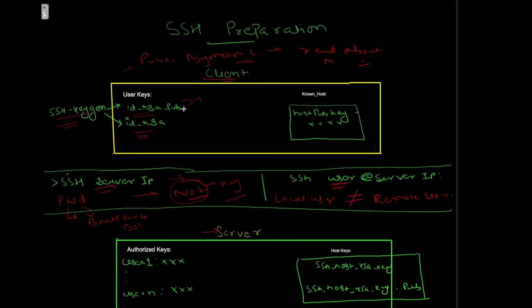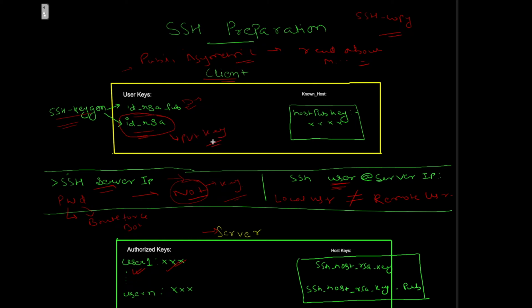How can I move this public key to a remote server? There is a command called ssh-copy-id which we can use, or we can just copy it, and if I have access to the remote host, I will go there and add the id_rsa public key for the corresponding user, let's say user1. But I will not share the id_rsa. This is a private key.